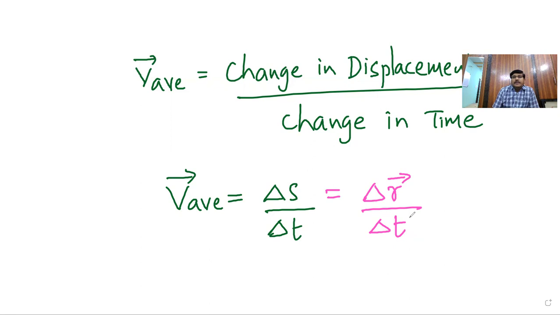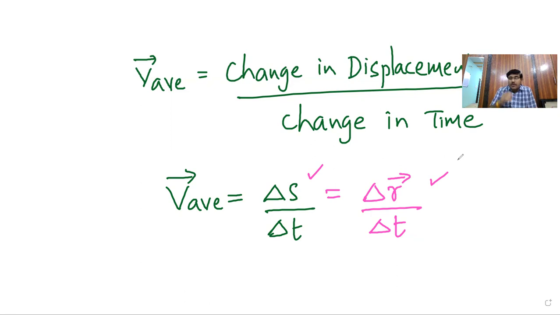So in terms of the vector notations, in terms of position vectors, you can adopt this and also this. Clear? So average velocity is delta s, change in displacement by change in time.